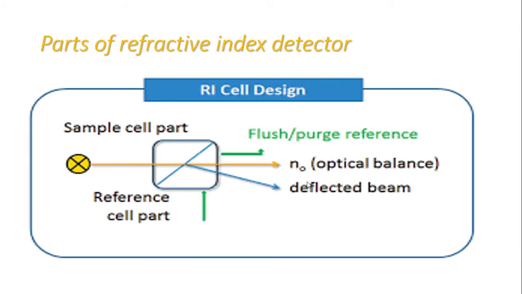The parts of the refractive index detector. We have a cell here that is composed of 2 parts, the sample cell part and the reference cell part. And the light is the source of the beam, and here we have the deflected beam that will be measured in order to know the composition of the sample cell.